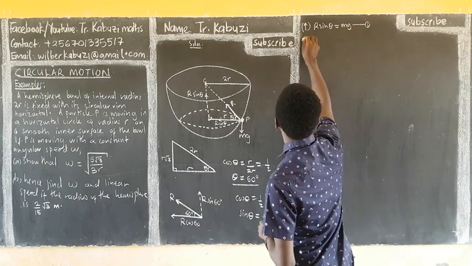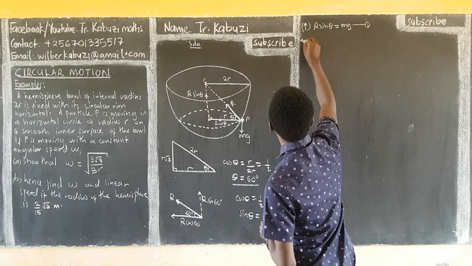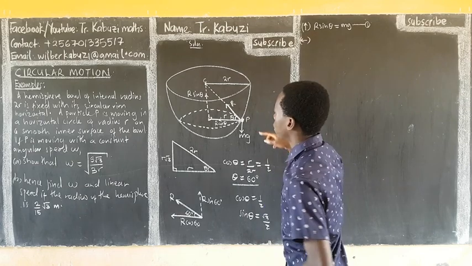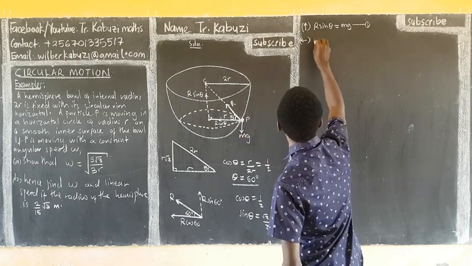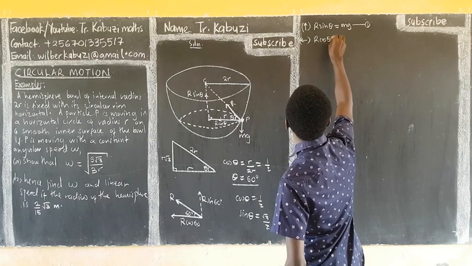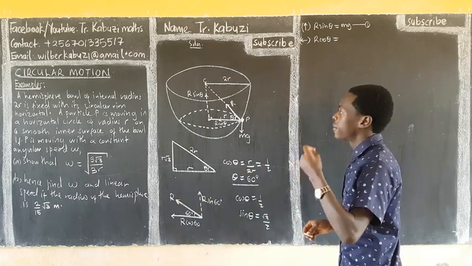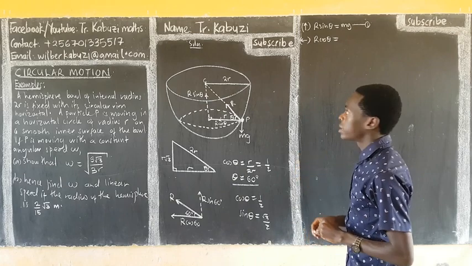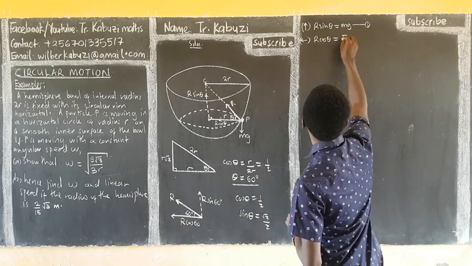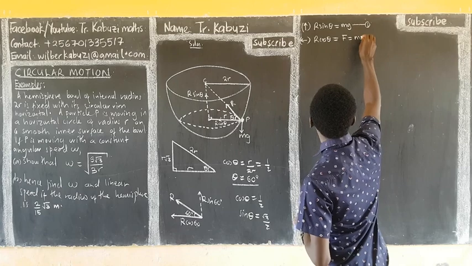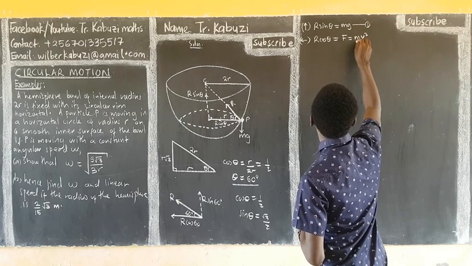If I resolve horizontally, going to the left side, I'll have R cos theta equal to the centripetal force F, which is equal to mv squared over r.